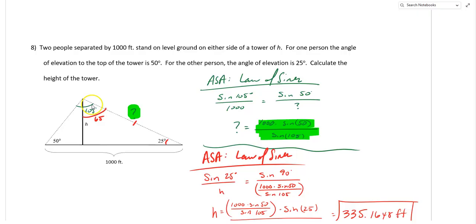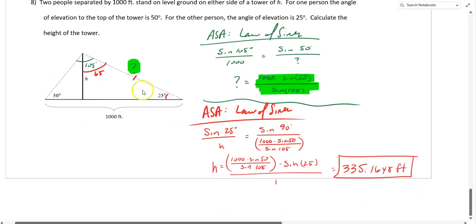The green angle and this opposite side length end up creating our key fraction. And then we can use either of the other angles to solve. I chose the 50-degree angle so that we can calculate this side length. With the law of sines, we found the diagonal side length here of the right triangle that's embedded in this position. Now that we have that hypotenuse side length, we could solve.